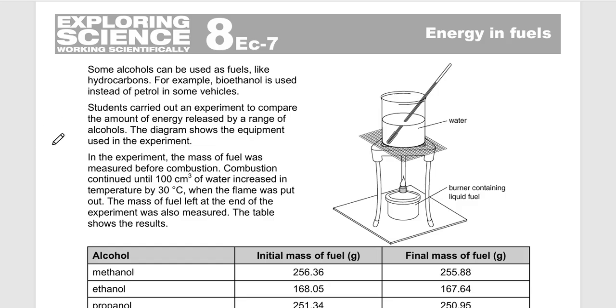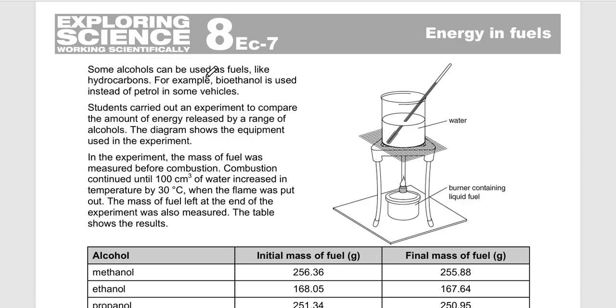So here you can see some alcohols can be used as fuels like hydrocarbons. Something we learned now. We know about hydrocarbons. Hydrocarbons consist only of hydrogen and carbon. Now we know some alcohols also can be used as fuels, and hydrocarbon is an example of that.